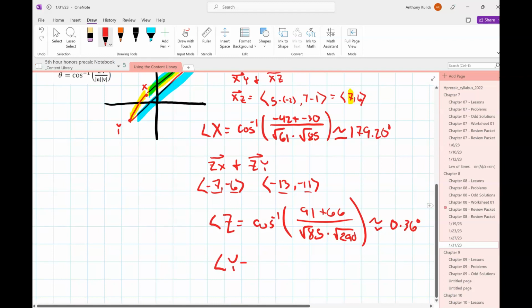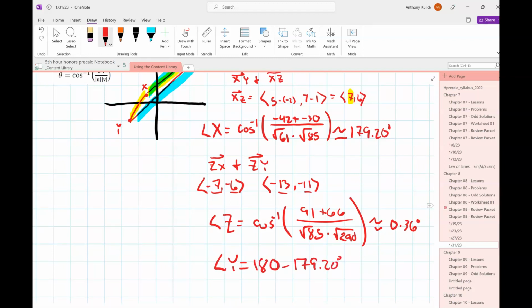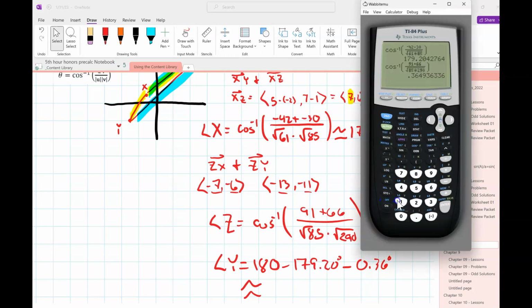And then angle Y we get for free, because we just use triangle sum to get that. Tessa, is this okay? Yeah. So 0.43 for that one.